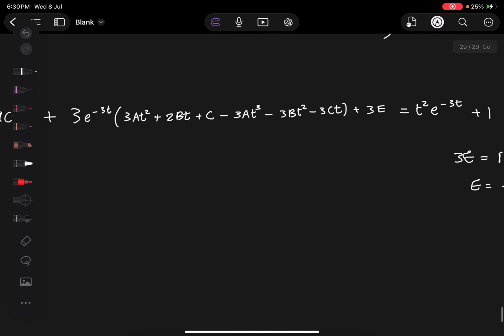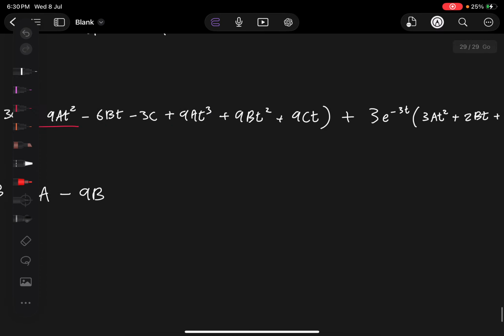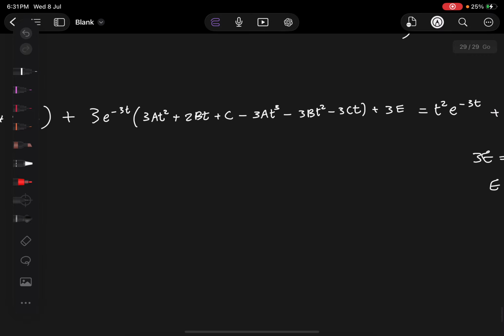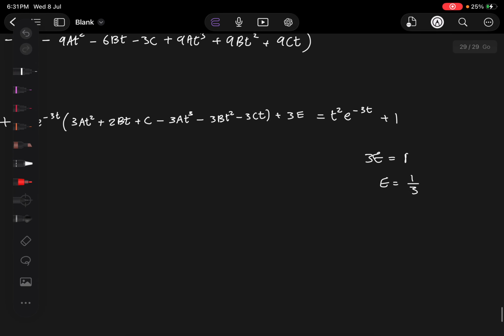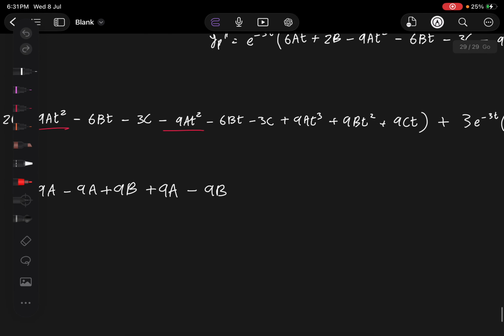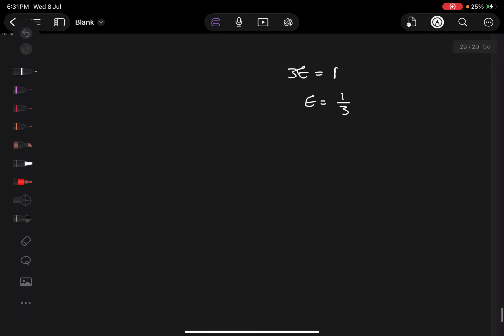We have this, but it's multiplied by 3, so minus 9b. This is equal to the coefficient of t squared, which is 1. So you simplify. We have 9a minus 9a, 9b minus 9b. So negative 9a equals 1. A is equal to negative 1 over 9. And e is 1 over 3.